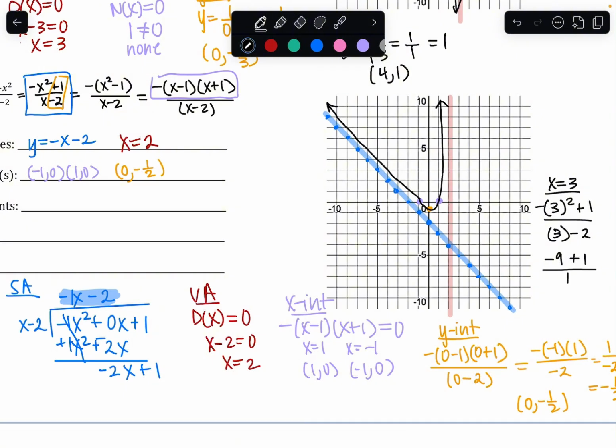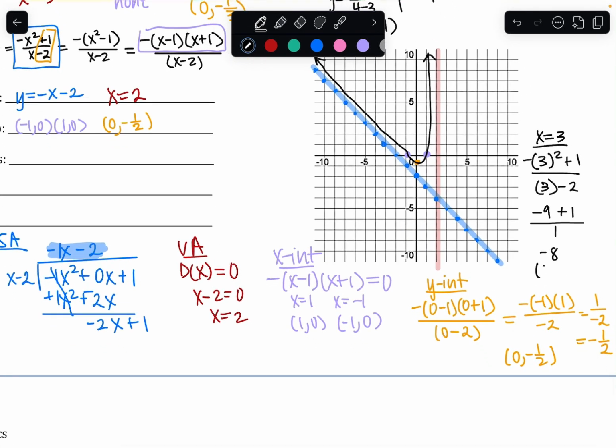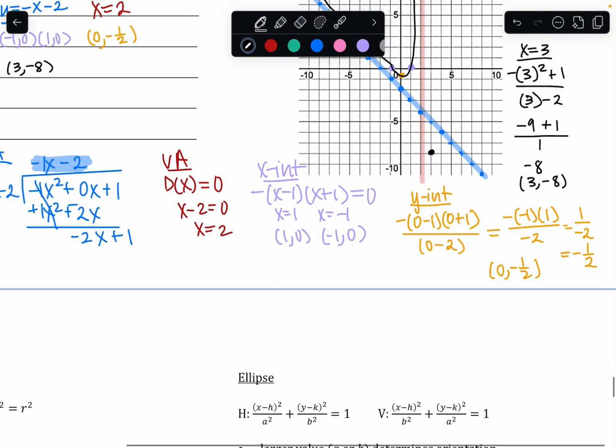And so that simplifies to negative 8 over 1, which is just negative 8. So we have the point 3, negative 8, which is right here. And so we know that the other part of this function is going down towards the red and then also following the blue.